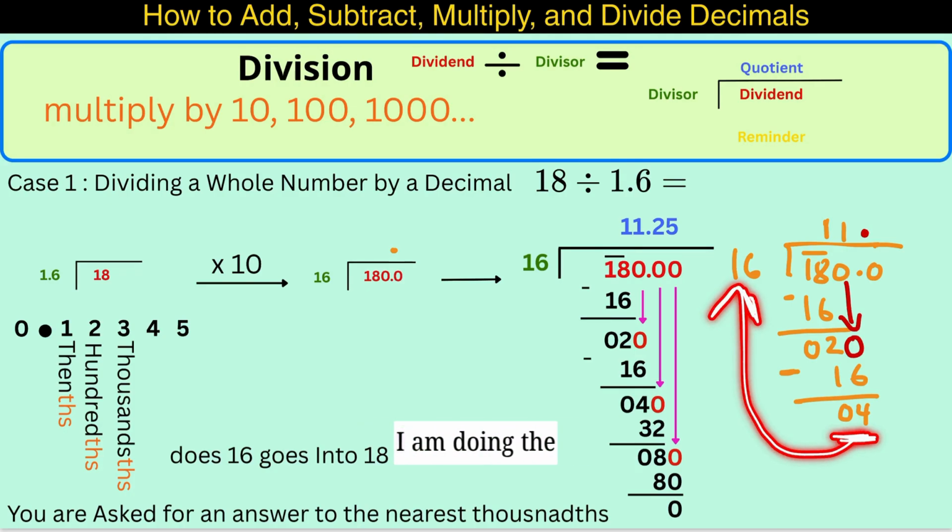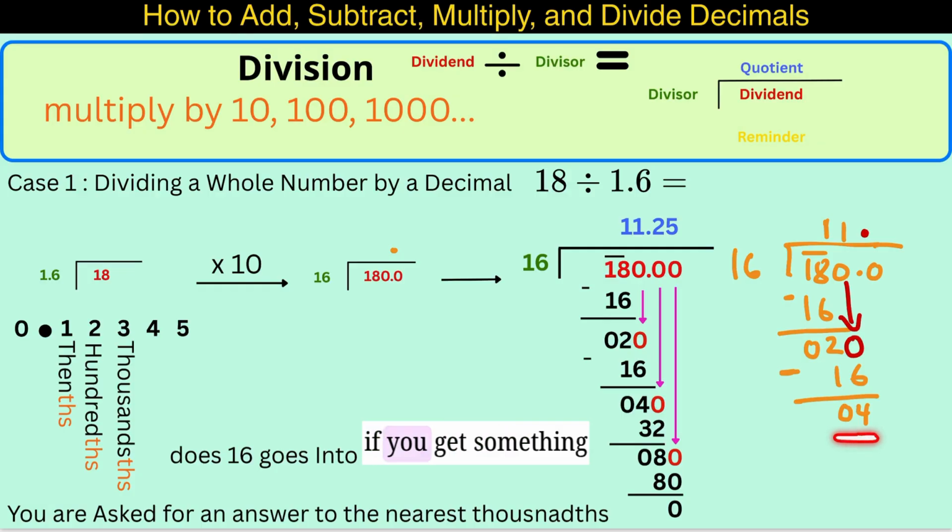That tells me that I am doing the right thing. If you get something bigger than 16, that means you did something wrong. That's the first indicator that your calculations are wrong. When you get a number in here that is bigger than the divisor, that means you're doing something wrong. So 4 is smaller than 16.